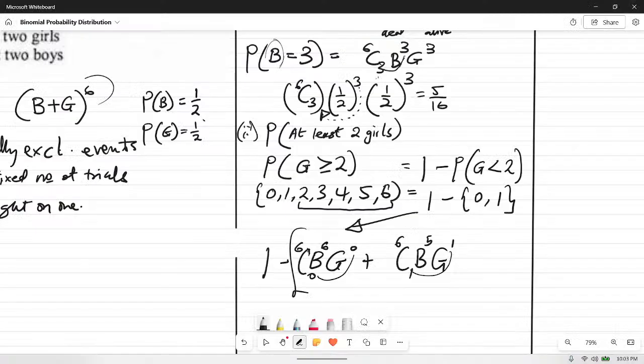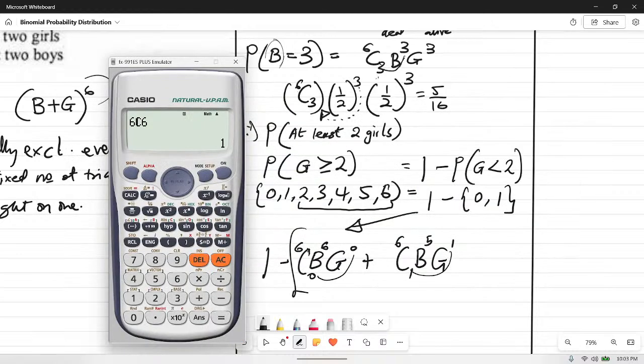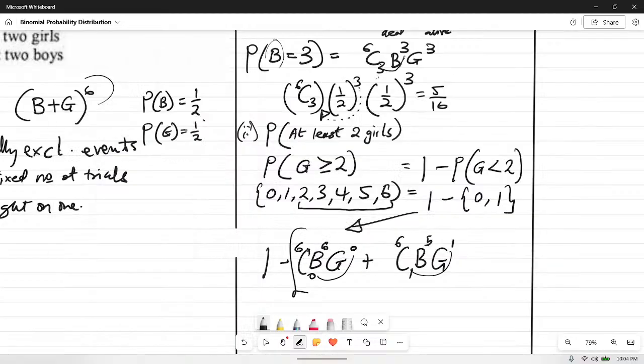Also use 1 girl, 5 boys. Let me check this one. This combination 1. Oh, this is half. Because I'm using the half, I'm not getting what I'm looking for. I'm just looking for distinction. Okay. 3 over 32.